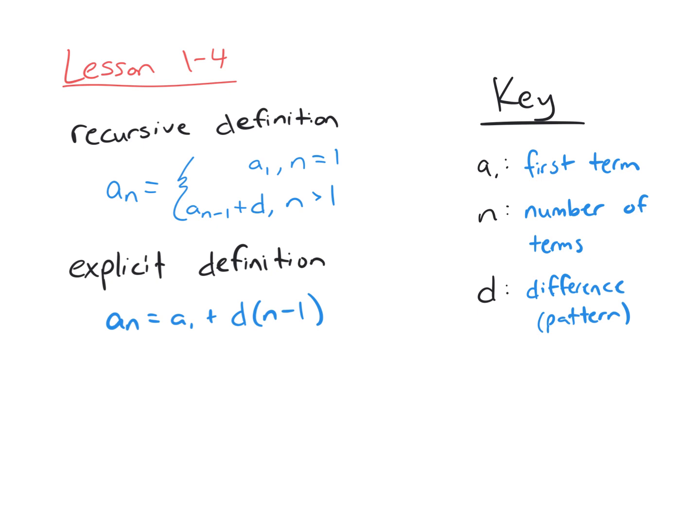Okay, and then a_n, what does a_n stand for? In one of our equations, we consider it the last term, but it can stand for any term, depending on which term you're talking about.